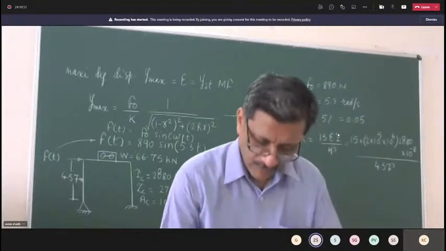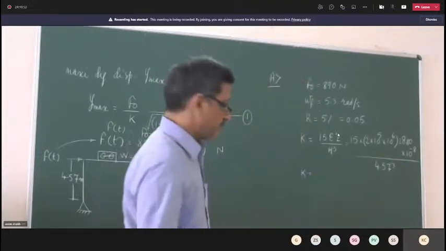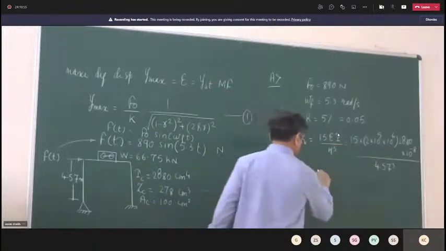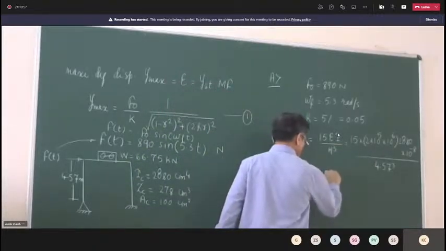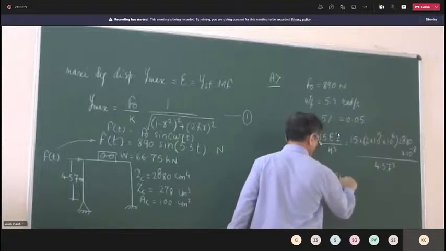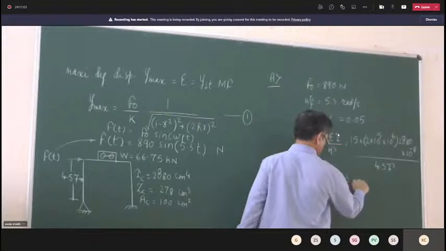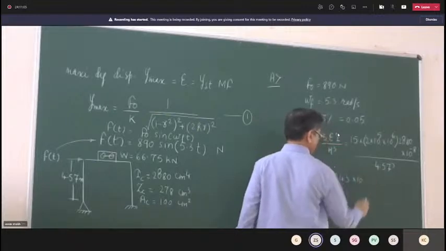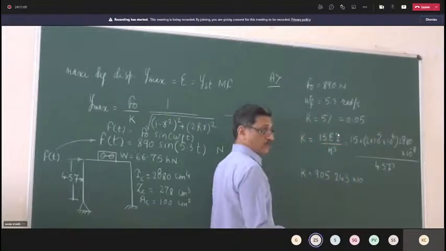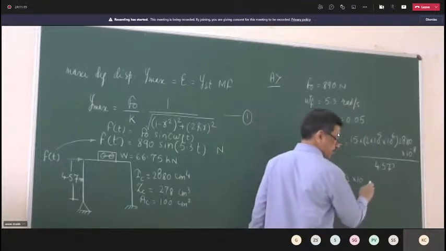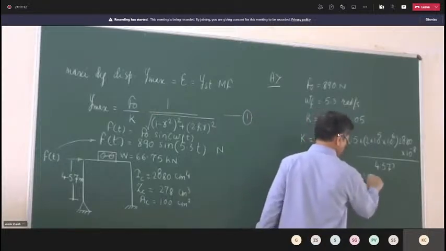So the stiffness comes to about 905.24 into 10 raised to 3 Newton per meter.